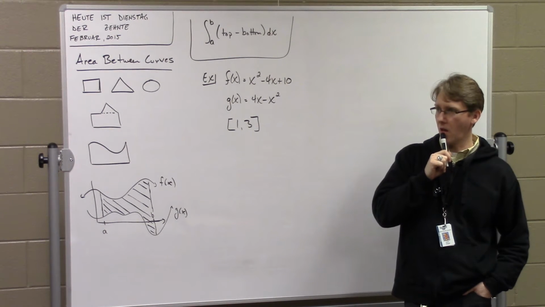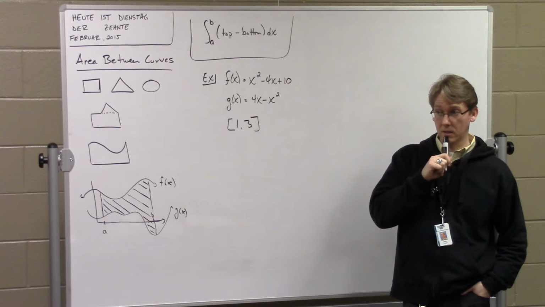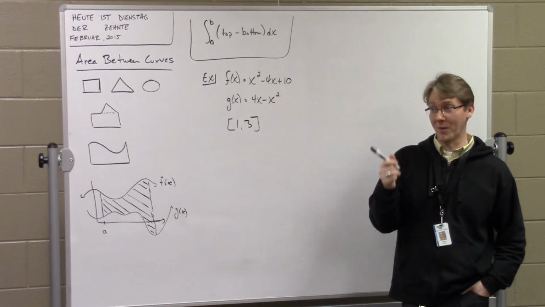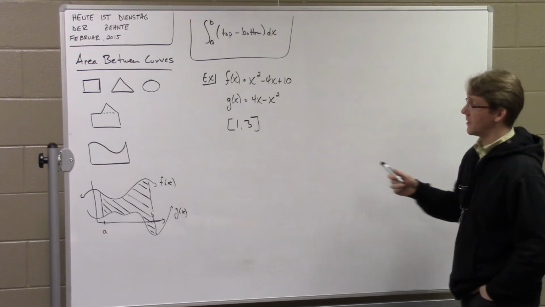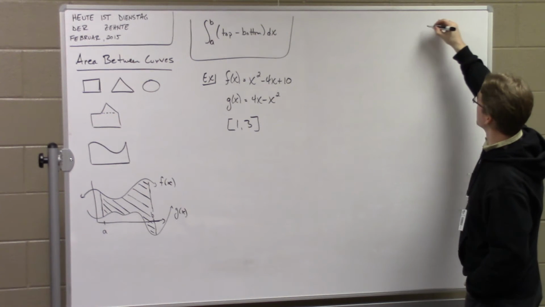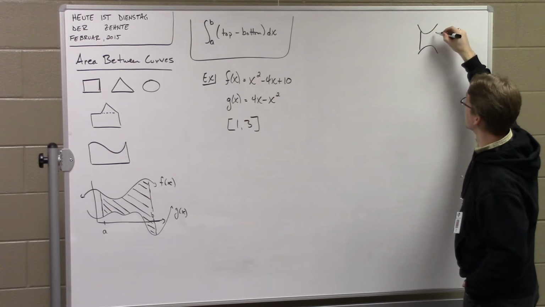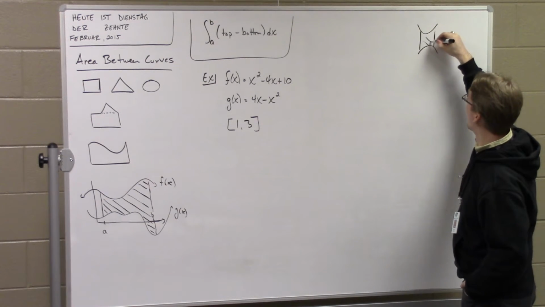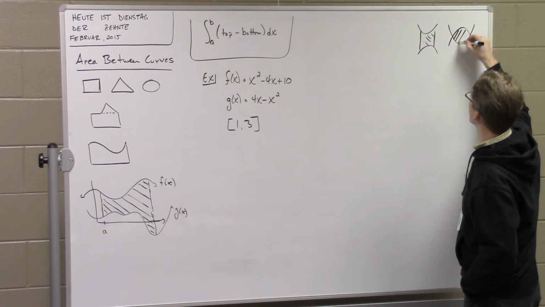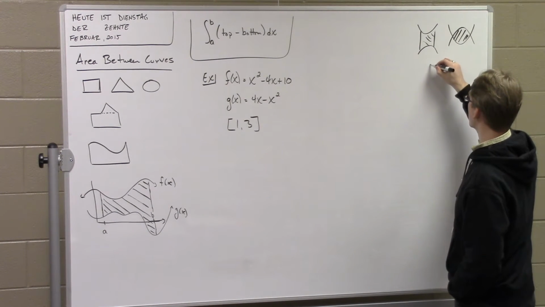Thoughts? Well, one's an upside down parabola, one's a parabola. Correct. So, depending on where they are, you have an upside down parabola and a right side up parabola, so look at all the things that could be happening. In one case we'd be looking at that area, or in another case we're looking at that area, or something like this.